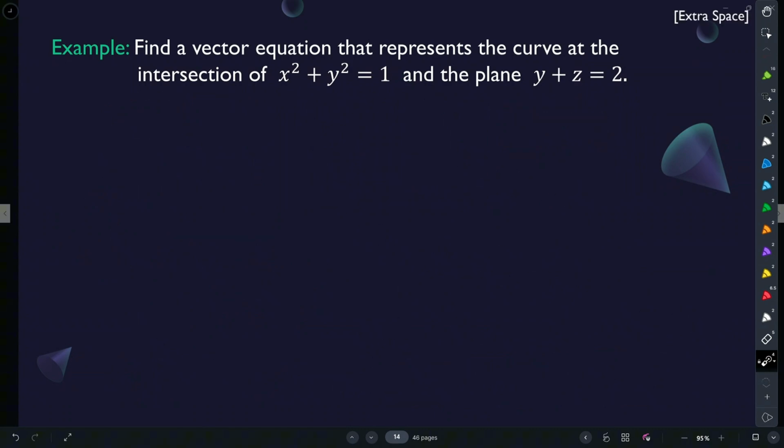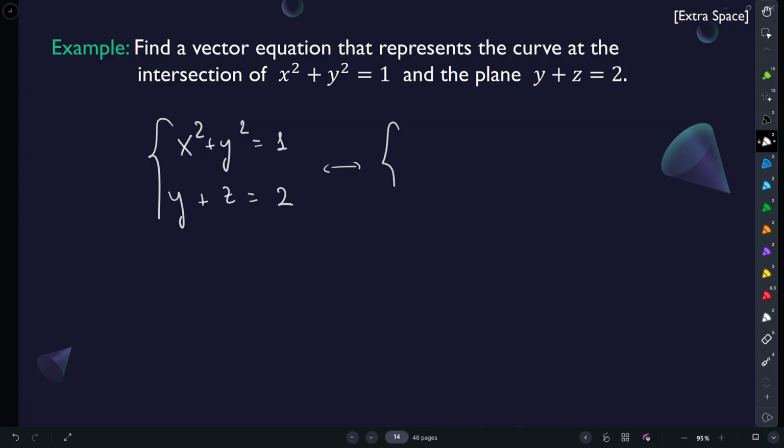Let me give you one more way of looking at this again without actually doing any drawings, okay? I'm going to first write this as x squared plus y squared equals 1. And then the z value, I can solve it in terms of the other variables. So that tells me that if I parameterize the first thing, then I can parameterize the z value too.